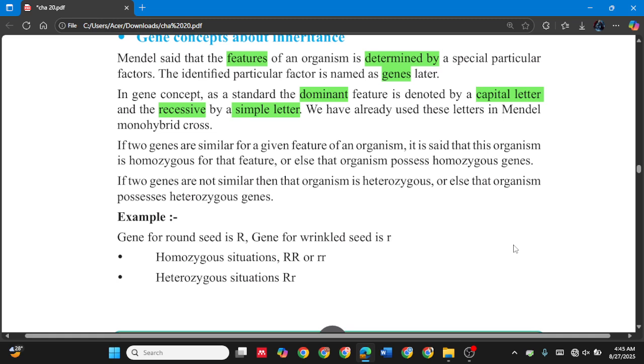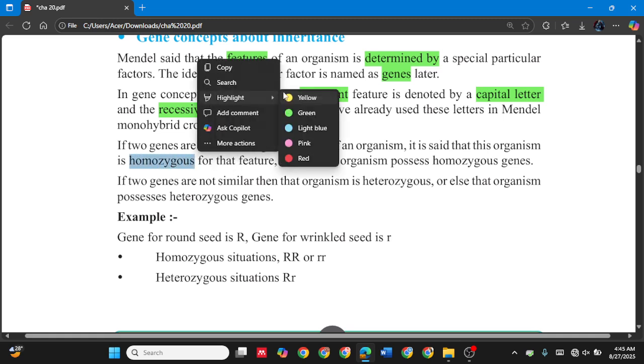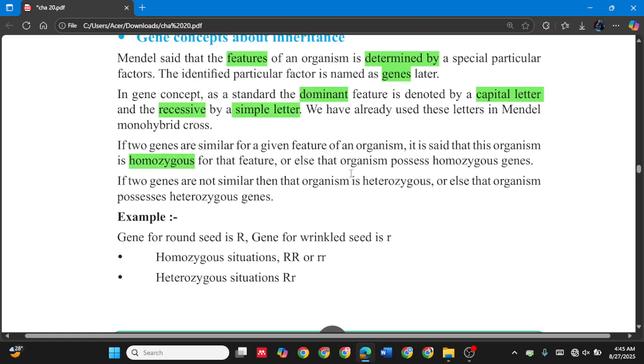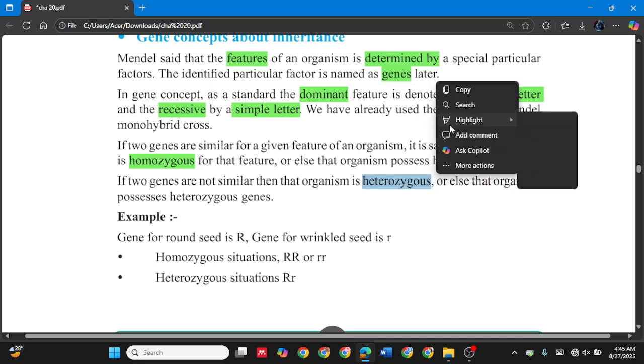If two genes are similar for a given feature of an organism, it is said that this organism is homozygous. We discussed these things already. Here they are mentioning it again. If two genes are not similar, then that organism is heterozygous, or else the organism possesses heterozygous genes.